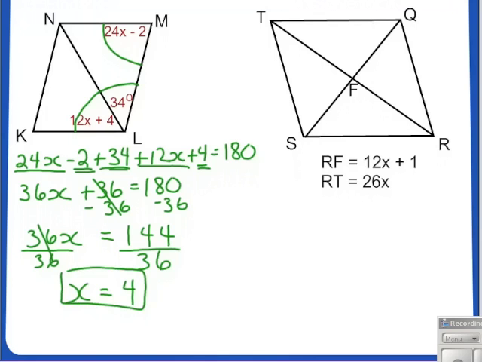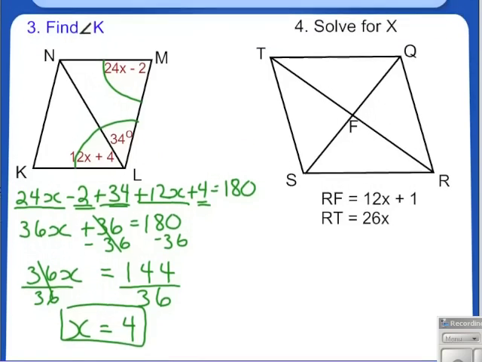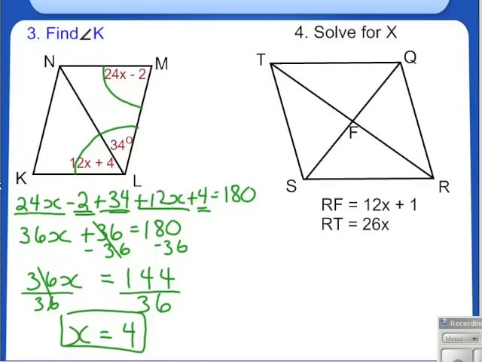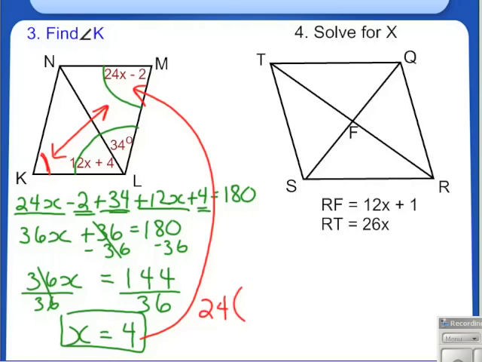Now, we've solved for x, but the question is, what is angle K? We are looking for this angle right here. Well, what do we know about opposite angles? We know opposite angles are congruent to each other. So if we plug in the 4 up here, we can solve for angle K. So let's do it here. 24 times 4 minus 2 will give us angle M. What is 24 times 4?